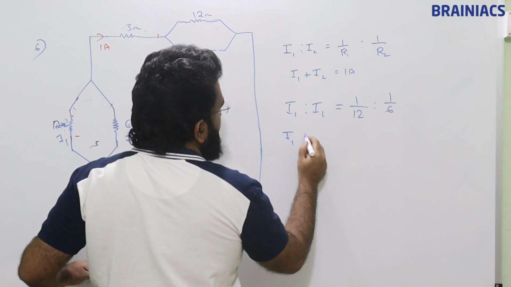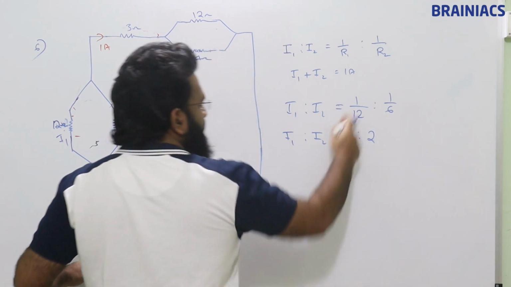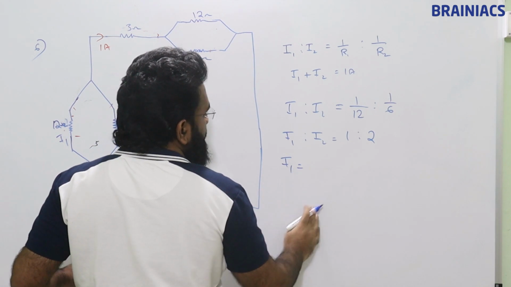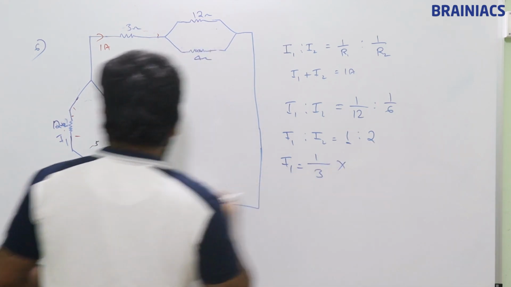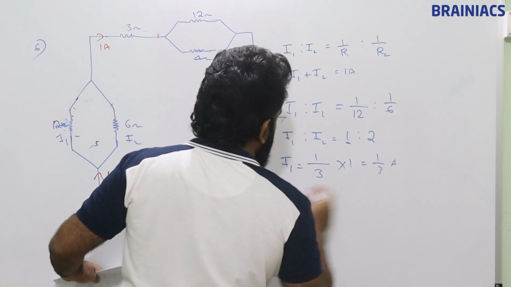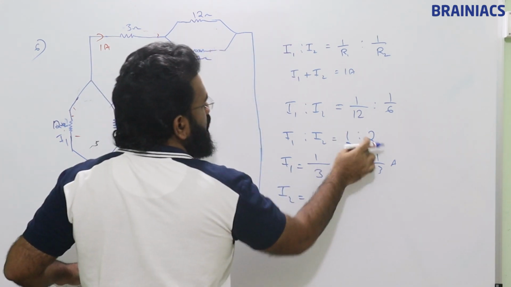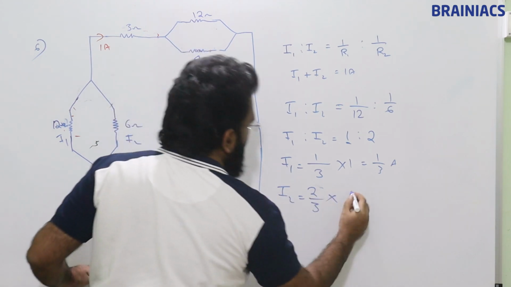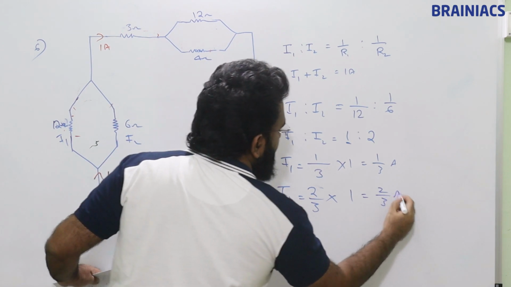So I1 is to I2 is equal to 1 is to 2 we get. Multiply with the 12 we will get 1 is to 2. So I1 is equal to, take this 1 divide by sum of this 3 into 1 ampere. So this is going to be 1 by 3 ampere. Same way I2 is equal to, I2 is how much? 2. The total 3 into total 1 ampere. Total is here 1 ampere. So this is going to be 2 by 3 ampere.